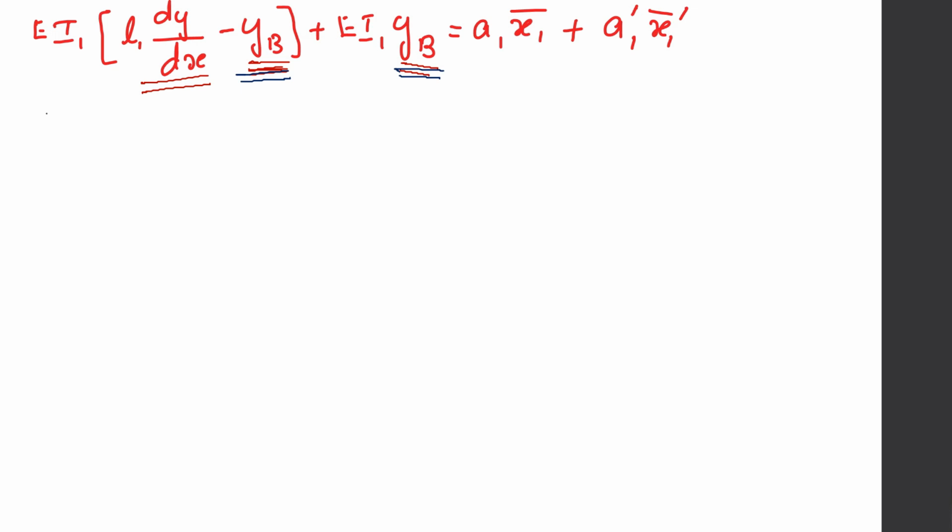By replacing, we can write EI1 into L1 into this dy by dx, which is actually the slope at b, so it is written as theta B, minus this deflection, which is the deflection at b with respect to A. That is, what is the deflected distance of B with respect to A. So we will write it as YAB.